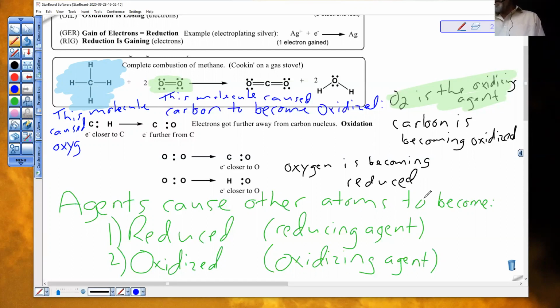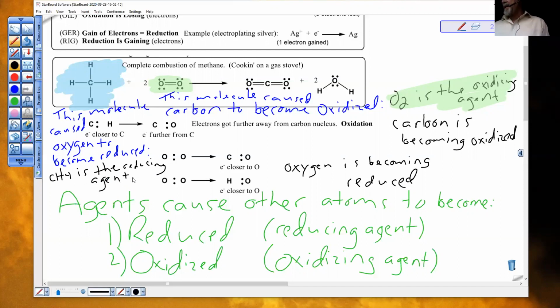Well, this molecule caused it to become reduced. What's the conclusion? CH4. Notice we named the whole molecule for agents. CH4 is the reducing agent.